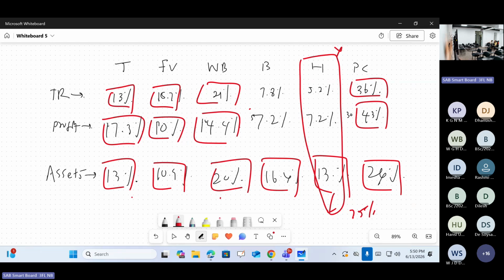How much is this? 60%. What we have to do?